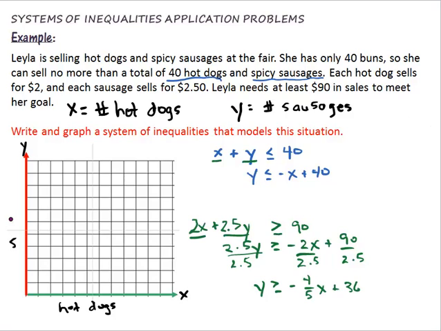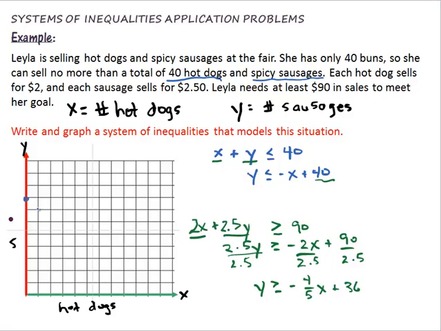Okay, so now since I've got those solved for y, I'm going to go ahead and graph them. In my first inequality, 40 is my y-intercept, so let's graph that at 40. I'm going to count by fives: 5, 10, 15, 20, 25, 30, 35, 40. So there's my point. Now my slope is negative 1, so I could also write it as negative 5 over 5.